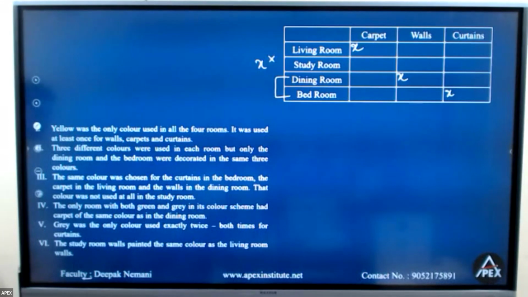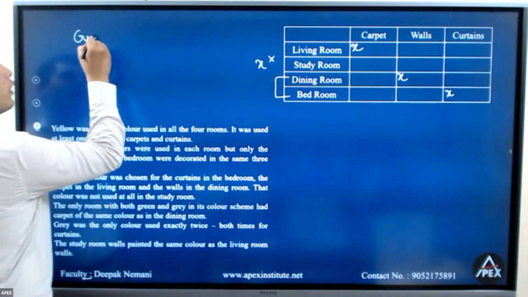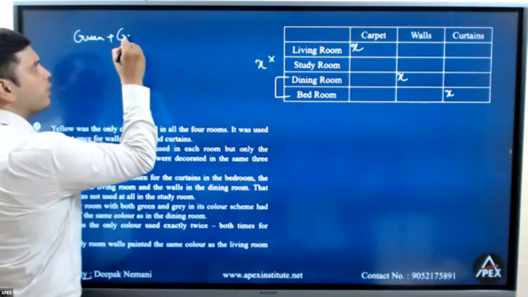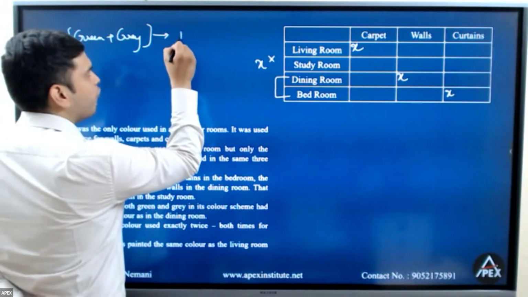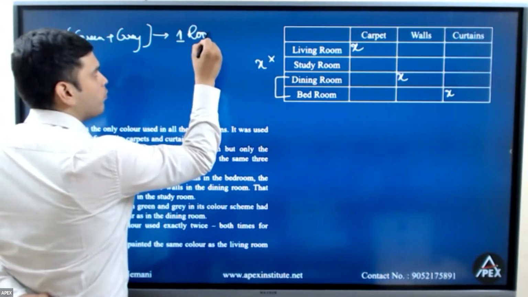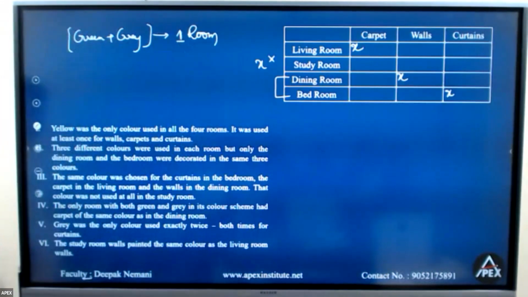Now, the only room with both green and gray in its color scheme. So you have green and gray together in a color scheme for only one room. And this room had carpet of the same color as in the dining room.